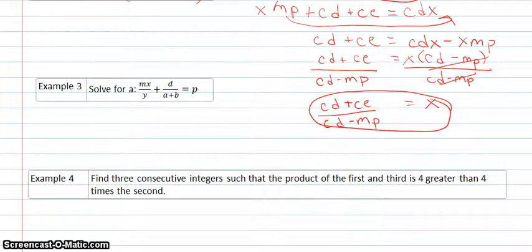Alright, and the next one's similar, except this time on the bottom I have an a plus b. So my common denominator will be y times a plus b. So on the first one, the y's would cancel, so I need to multiply the mx by the a plus b.